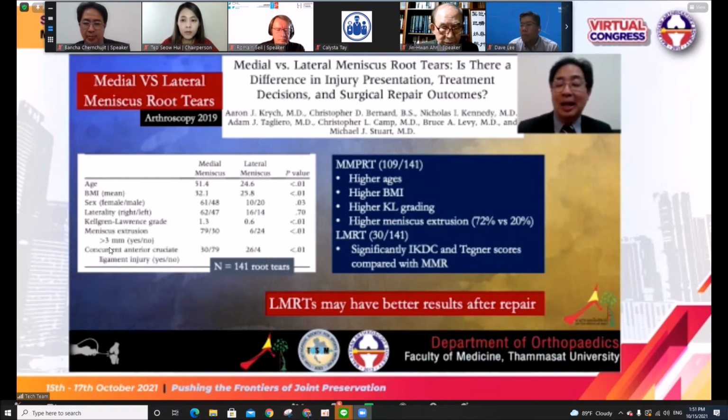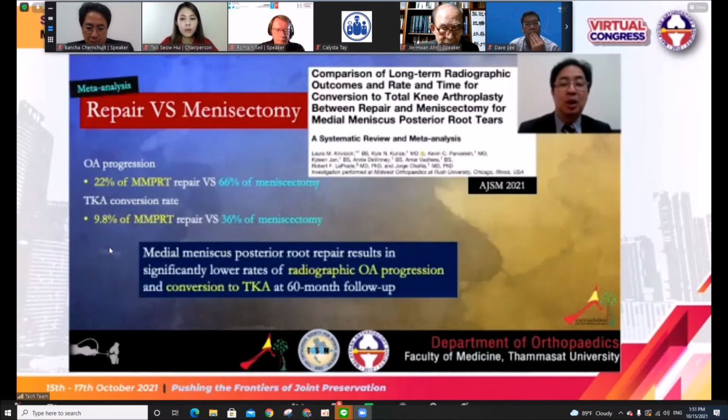They found that the lateral meniscus root tear had less extrusion, and the result of the repair is better compared to the medial meniscus root. Repair versus meniscectomy: the recent meta-analysis comparing long-term X-ray outcome and conversion rate to joint replacement concluded that the root repair group had a lower rate of OA progression and conversion to joint replacement.